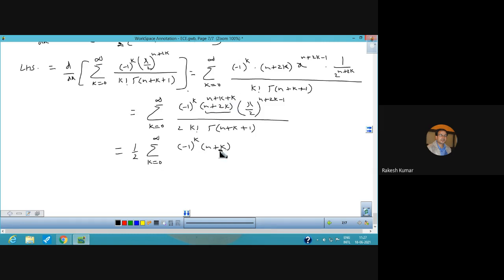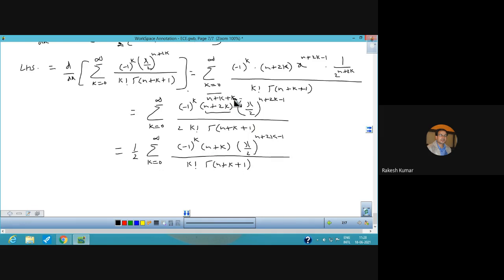So I am going to use this technique here. So that is (x/2) raised to power n+2k-1. Now this adjustment is going to be very important. And in the denominator, we shall have k factorial and gamma(n+k+1). Now, this term is written for n+k.